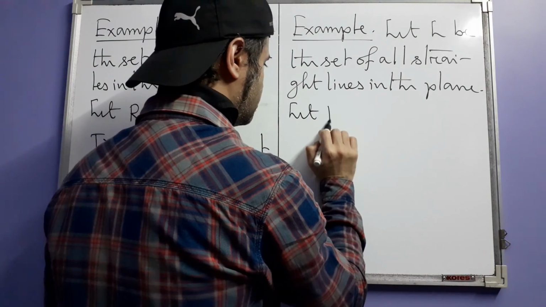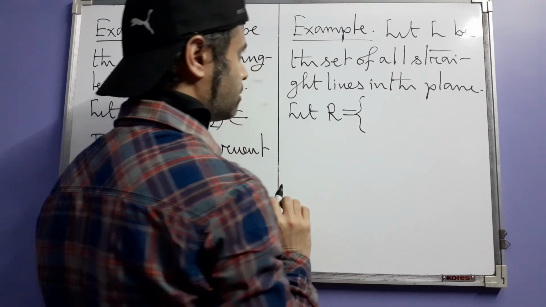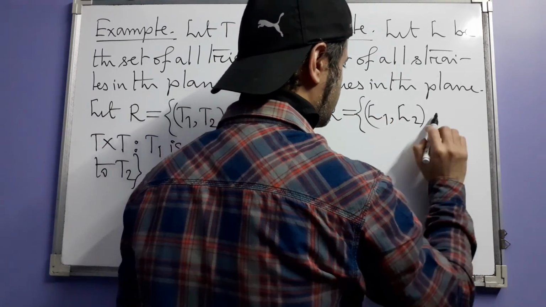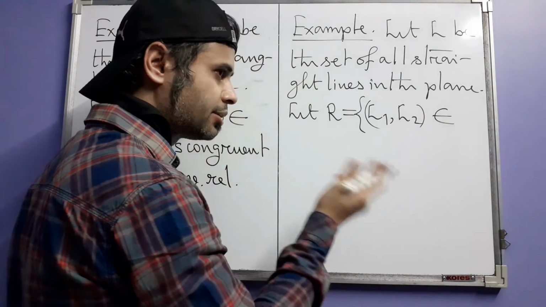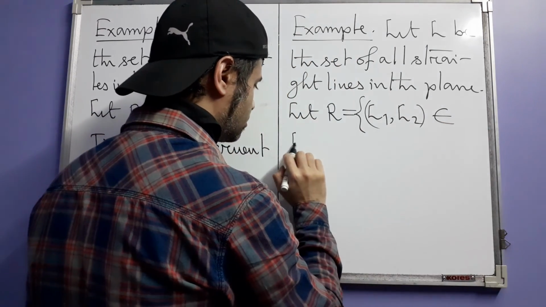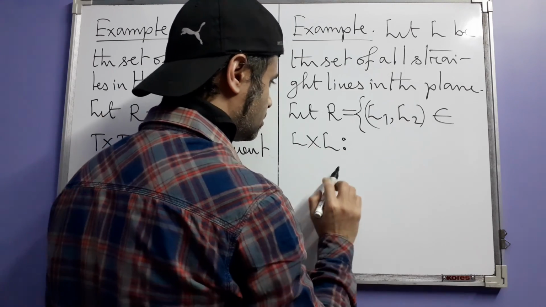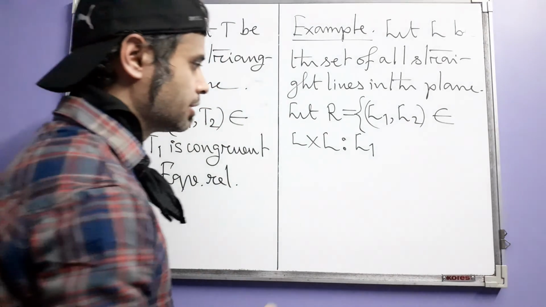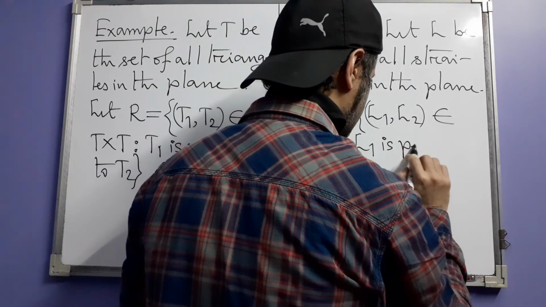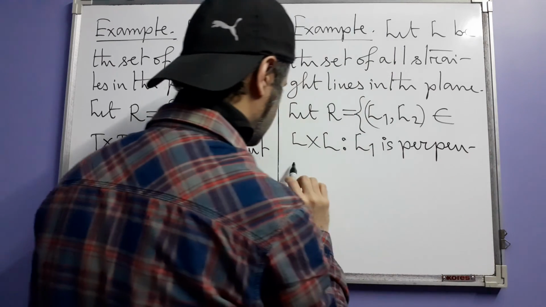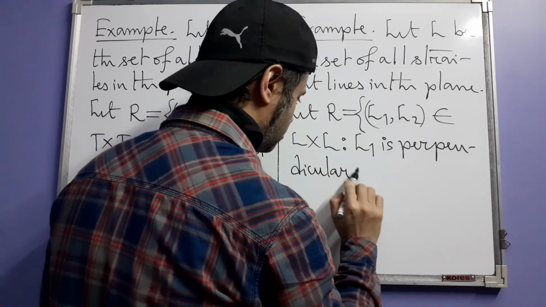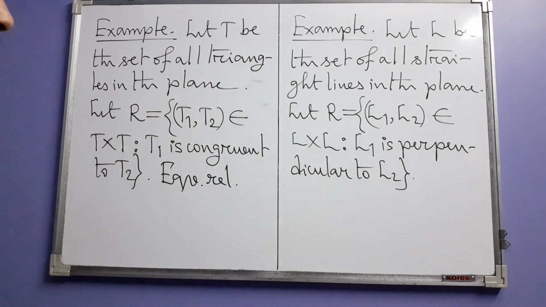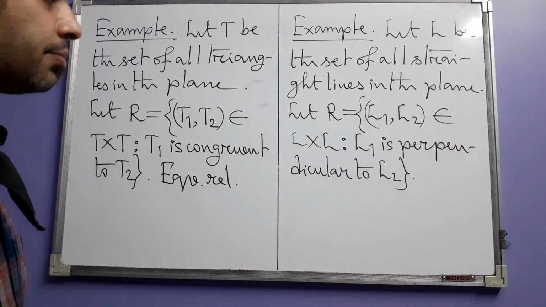And let R be the relation on this set L defined like this. So R will relate two straight lines, but when? Precisely when they are perpendicular to each other. L1 is perpendicular to L2. Okay, so this is a legitimate relation.